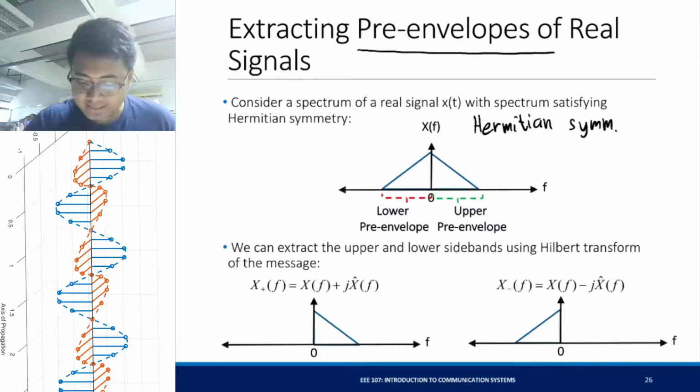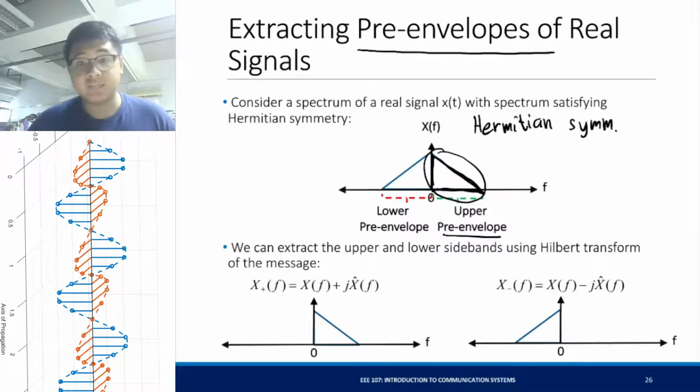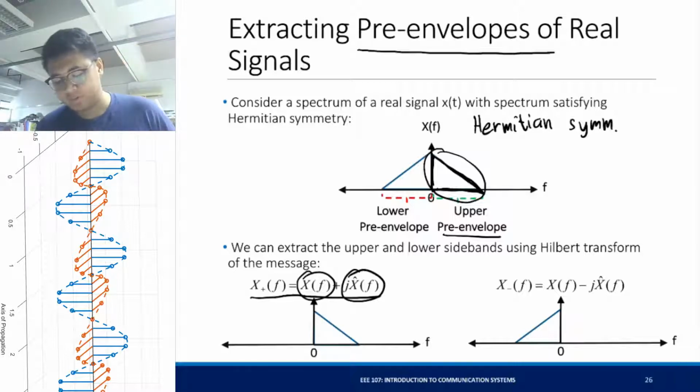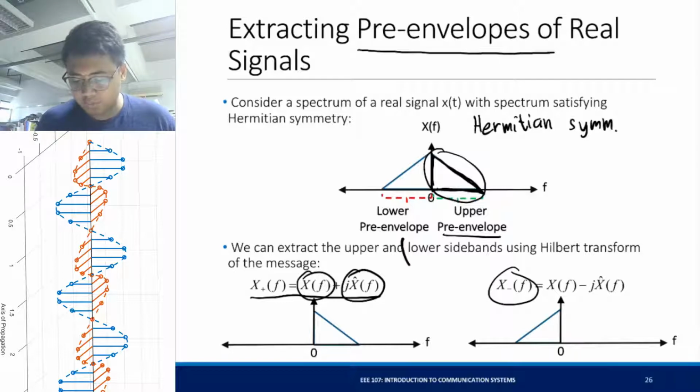So that means that when we want to look at the positive response of a circuit right here, we can extract this so-called upper pre-envelope by using the Hilbert transform. Okay? So we can get the upper pre-envelope by adding the original signal plus j times the Hilbert transform. And if you take the difference, then you get the negative or the lower pre-envelope.